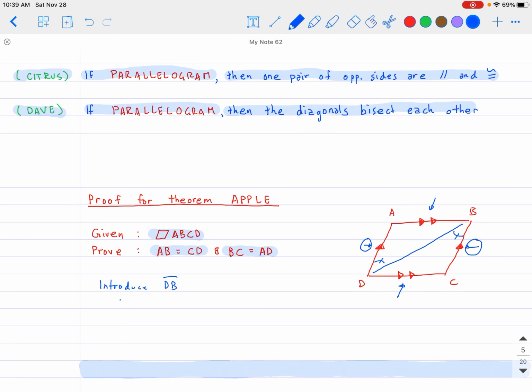We can say that angle ADB is congruent to angle CBD by parallel implies that alternate interior angles are congruent to each other. Going by that same model, since AB is parallel to DC, this angle right here is going to be congruent to this angle right here.